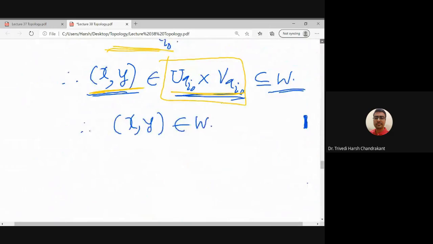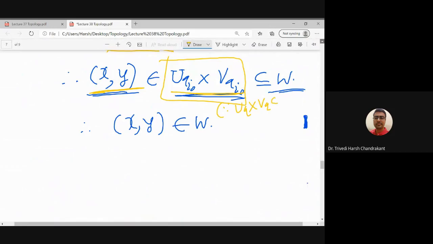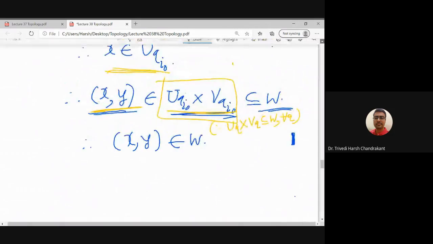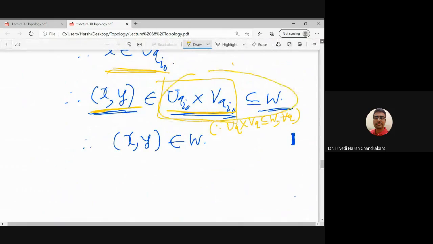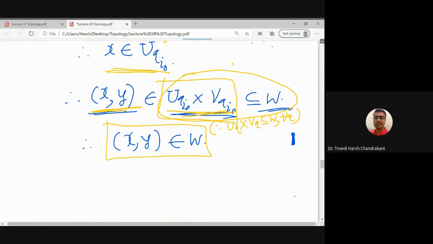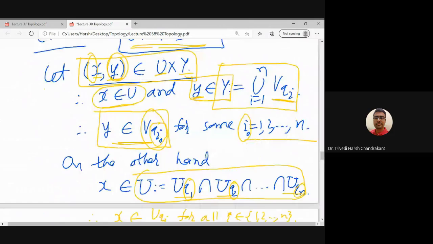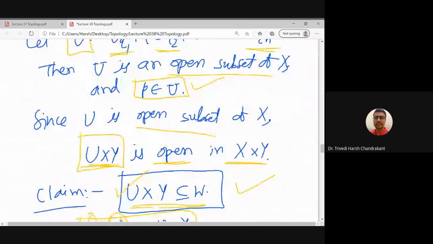Right? So here we can write that because UQ cross VQ is a subset of W for all Q, therefore this set is a subset of W, and (x, y) belongs to this set. That means (x, y) belongs to W. What was our claim?